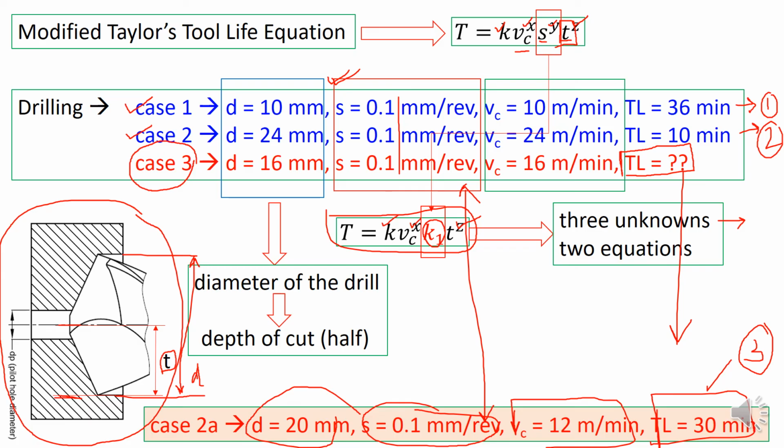For a drilling, there is an important point to note. In case of drilling, most of the time HSS twist drills have 2 main cutting edges and the diameter is linked to the depth of cut, and depth of cut is half of the diameter of the drill. This is what you take away from today's lecture.